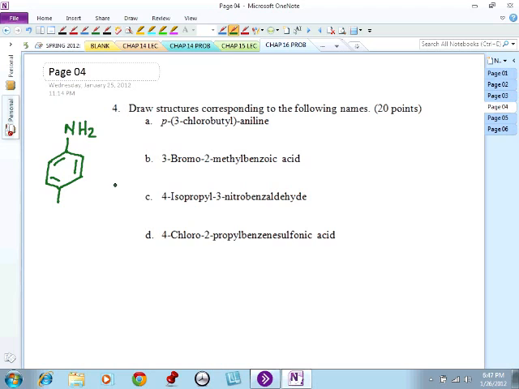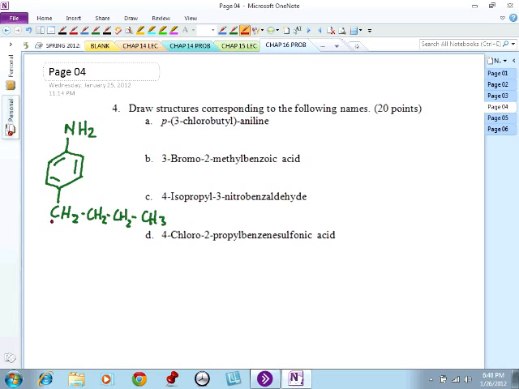3-chlorobutyl. Okay, so you have a complex substituent. So it is a butyl group, so 4 carbons. That's a butyl group, right? Now there's a 3-chloro. Okay, since this is a substituent, this is carbon number 1 for that substituent.